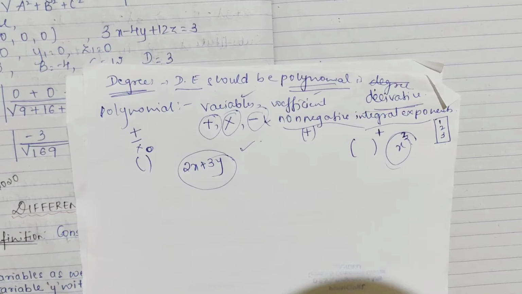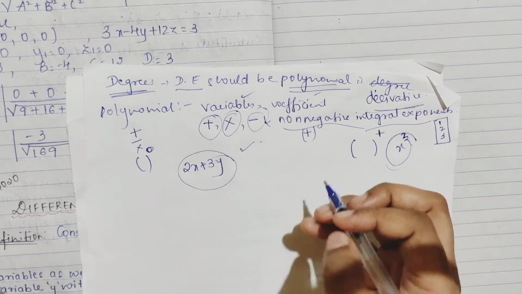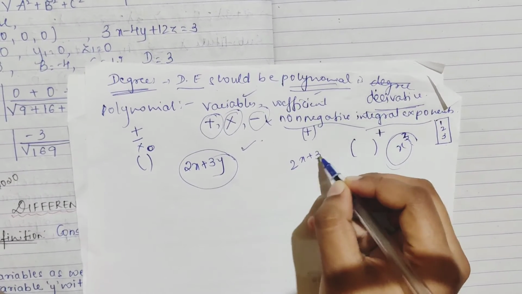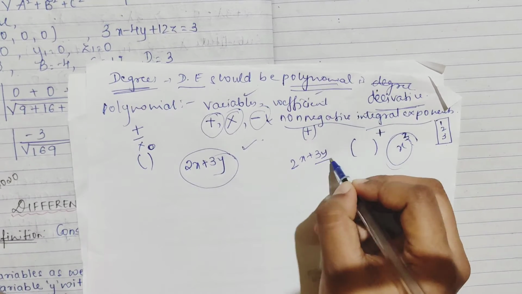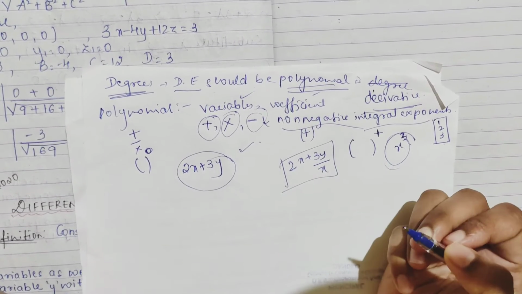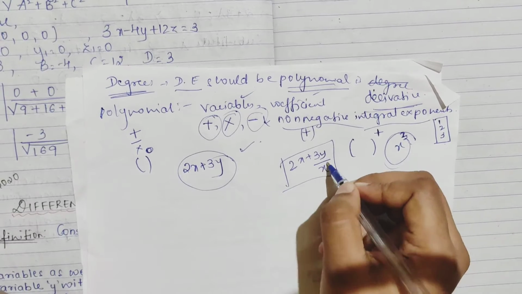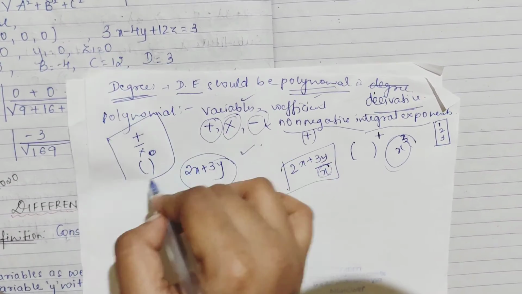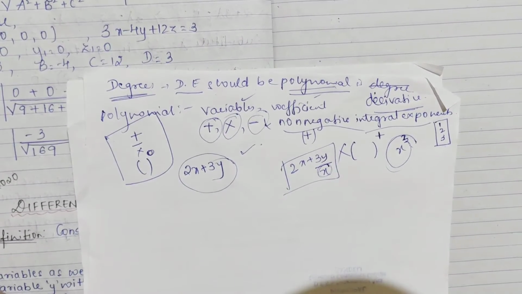Now suppose 2x plus 3y, is it a polynomial? Yes, polynomial. Now 2x plus 3y divided by x, is it a polynomial? No, right, because here division is becoming involved, so this is not a polynomial.